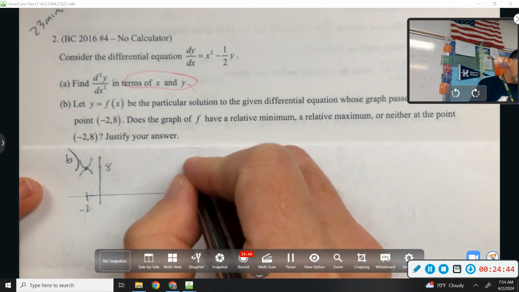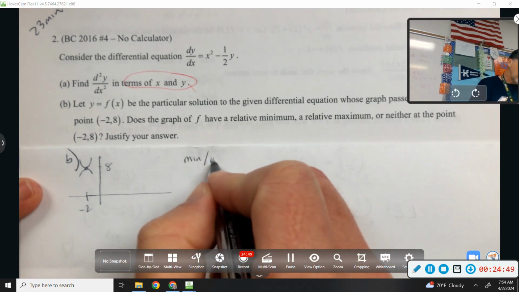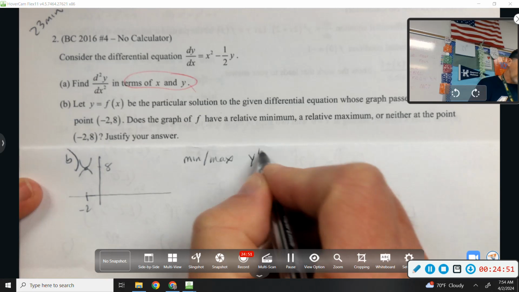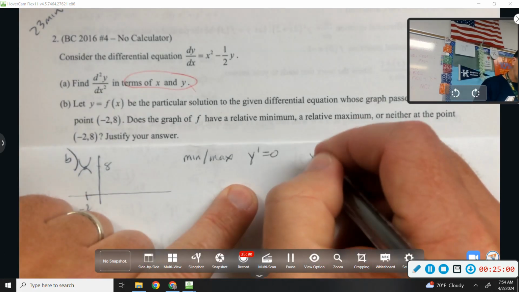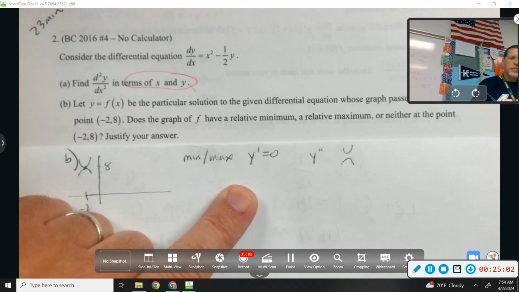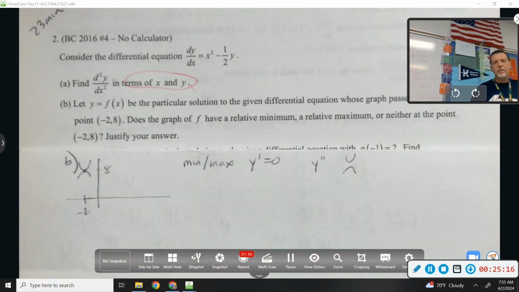For a min or max, y prime would equal 0, and the second derivative would not be 0. If the first derivative is 0, then the second derivative will tell me concavity, which will tell me if it's a max or a min. So let's check the first derivative, and if we get 0, then we'll check the second derivative. If we don't get 0, then we'll know that it's just increasing or decreasing there, and it's not a max or a min.